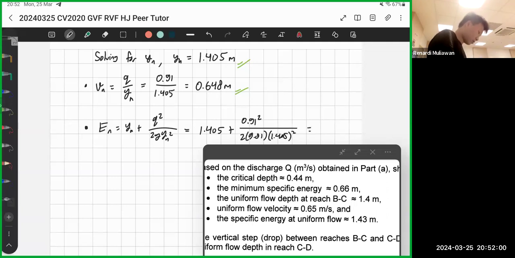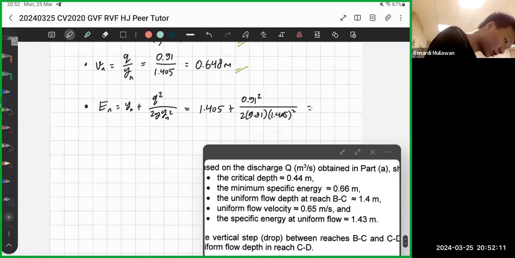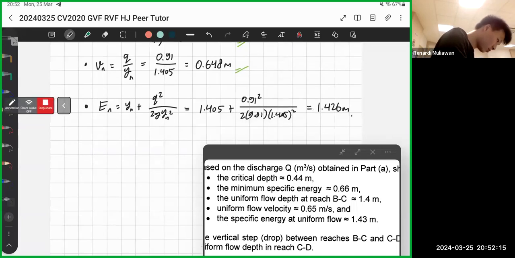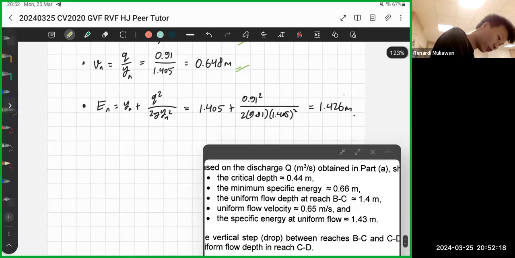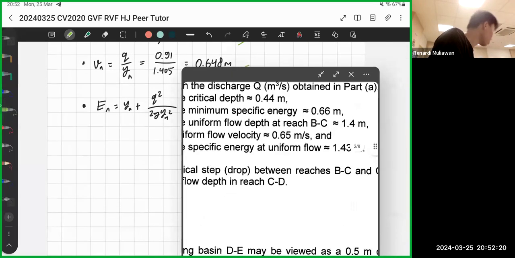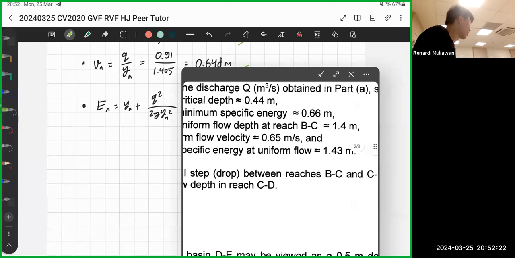So you will get 1.426. So again, it's similar to the question. Okay, so it's correct.